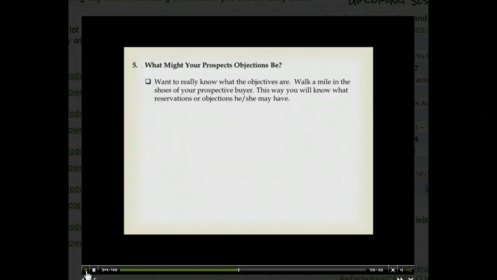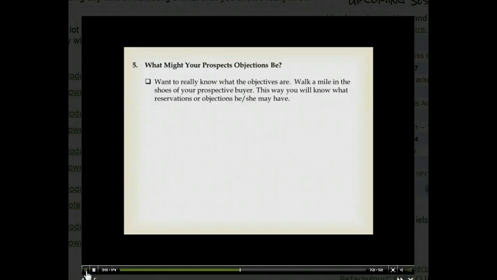And I really didn't know the answer to that question. So I decided I was going to go through the program with these students. I bought the program just like they would, showed up to the webinars, and started going through the training to find out exactly what they were going to be going through. And I found out what their objections turned out to be, and so I was able to make a decision.